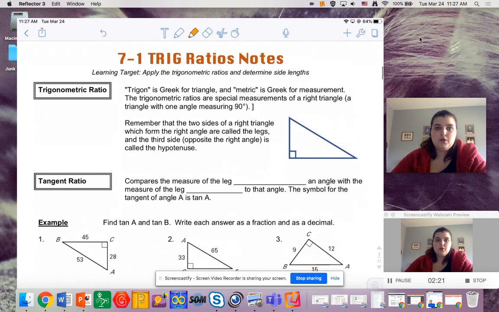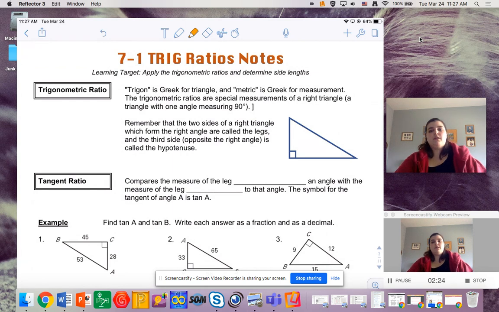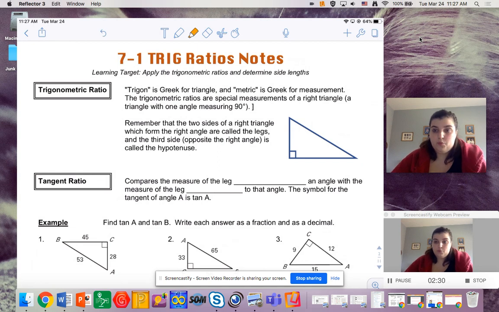Okay, so we're going to look at trigonometry in this unit. So trigonometry, where does the word come from? Okay, so trigon is Greek for triangle. Triangle, makes sense. And metric, it's like measuring things, right? So it's all about measuring triangles.